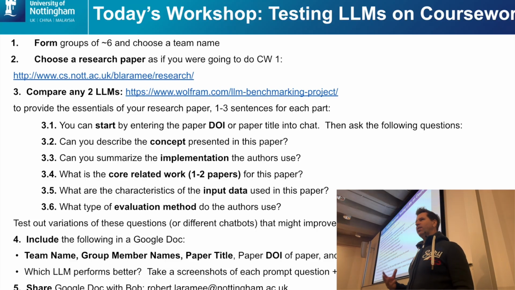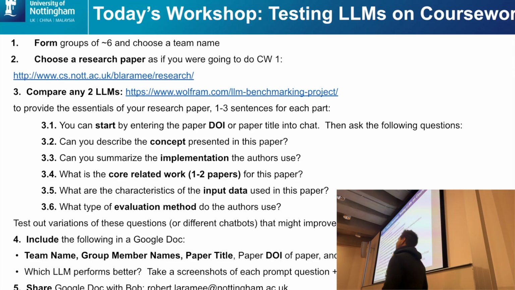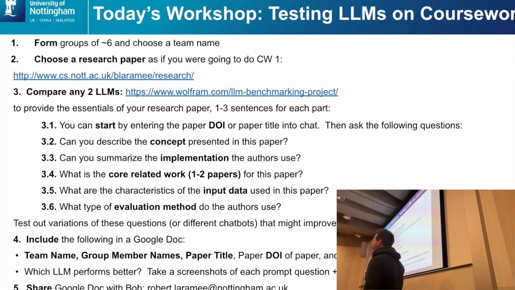I was surprised at how often the answers were wrong. Just based on my bad memory, somebody could have used an LLM the first time we did this, I think in 2023, and they could have gotten a score between 40 and 50 on Coursework 1 just based on the LLM answers.